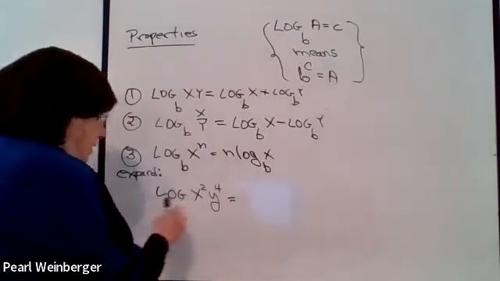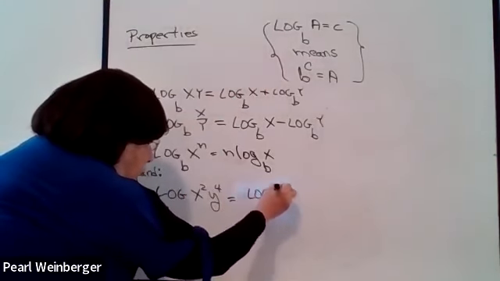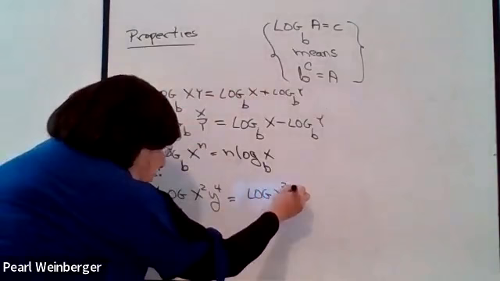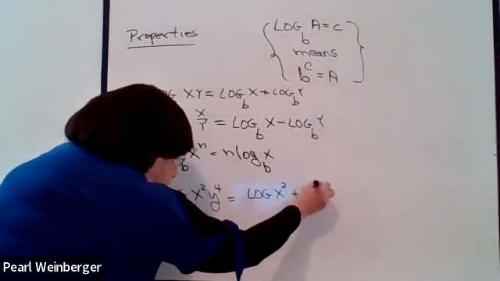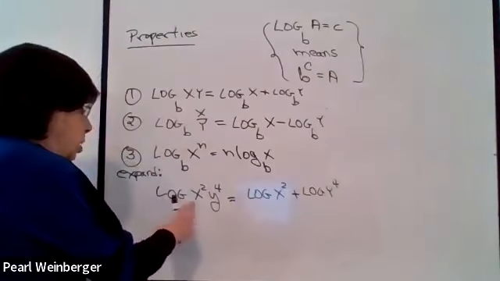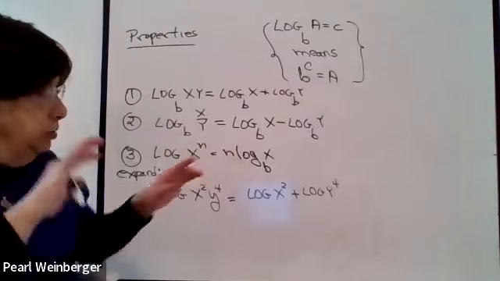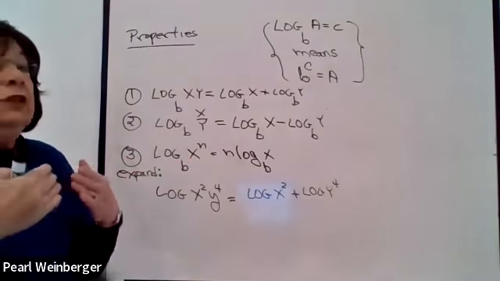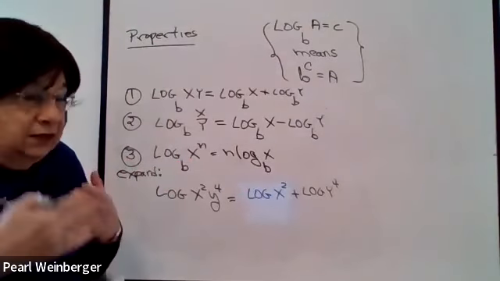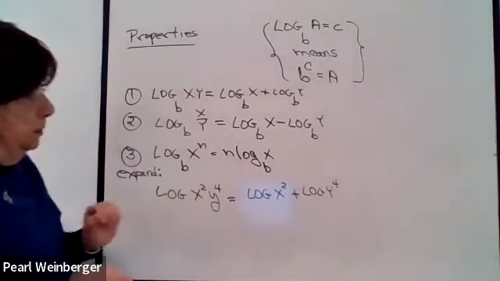So I can expand this to log x squared plus log y to the 4th. Notice I have to put the word log in front of them because I'm telling you what to do, not to the numbers, but to the logs of the numbers. So that's step number 1.